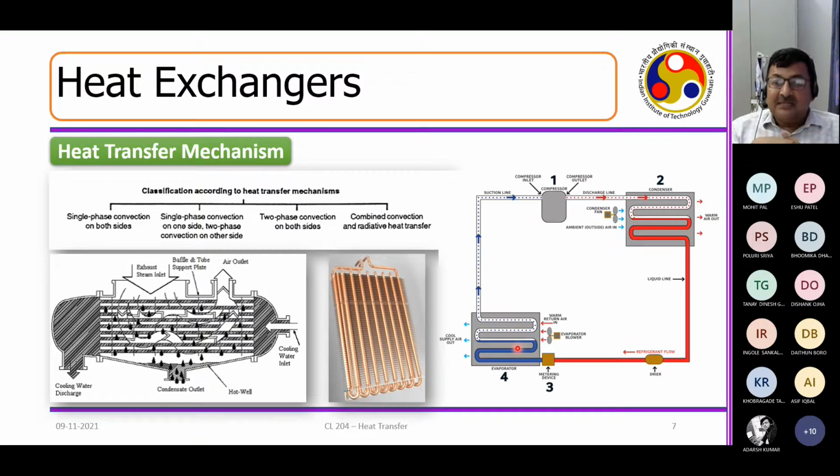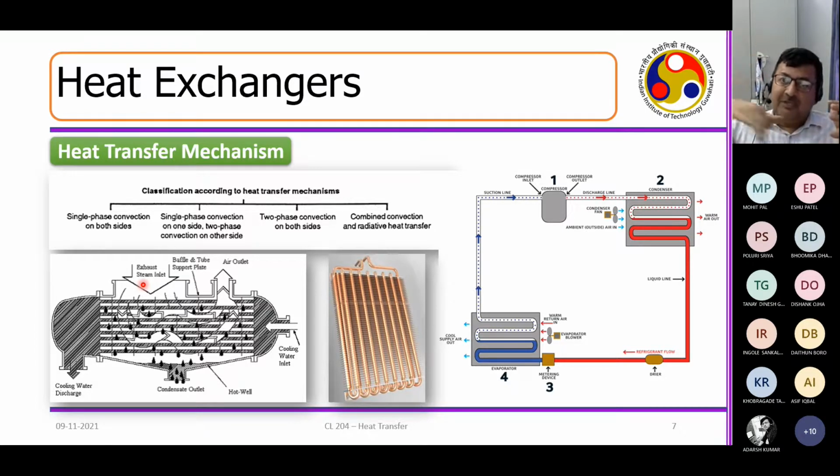Now, in terms of heat transfer mechanism, you may have different types of heat exchangers. Up to this point, we were discussing hot water and cold water. This type of heat transfer is called single phase heat transfer. However, in order to have a thermal power plant, you need a boiler. What is a boiler? Where you convert water into steam.